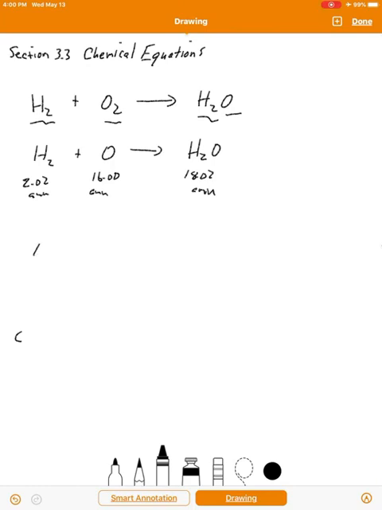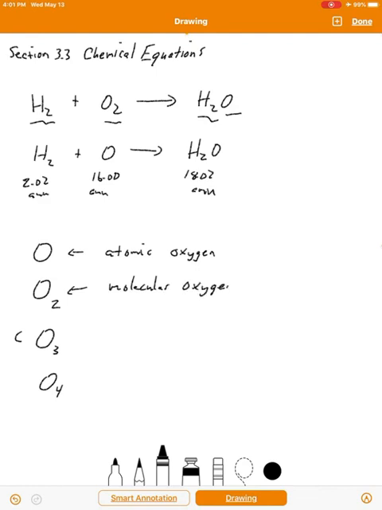It turns out that that subscript is very important in terms of what the properties of a substance are. This is what we would call atomic oxygen. This is what we would call molecular oxygen. This is what we would call ozone.